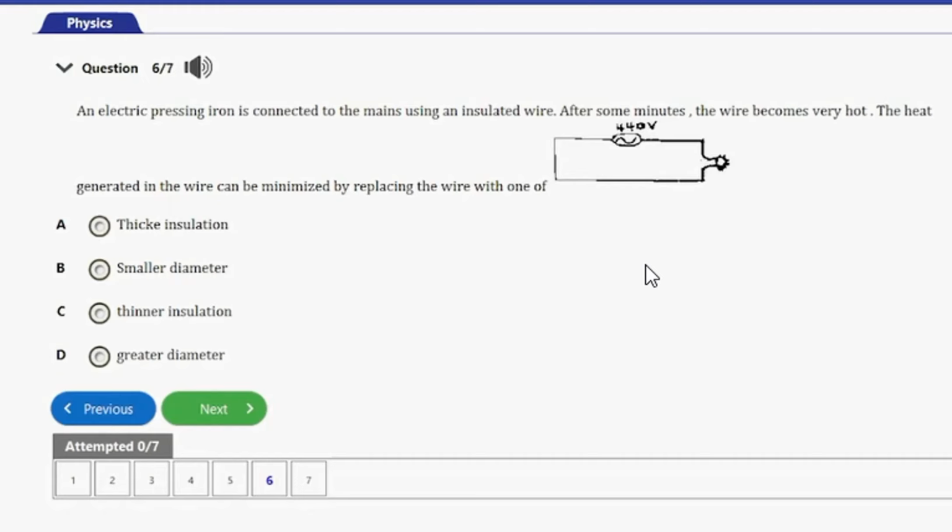The heat generated in the wire can be minimized by replacing the wire with one of A, thick insulation, B, smaller diameter, C, thinner insulation, D, greater diameter. So guys, the answer to this question is option D here, and that's greater diameter. So that's it for this question. Let's go ahead and consider the next and last question, guys.